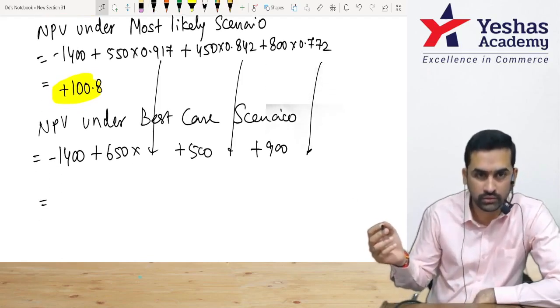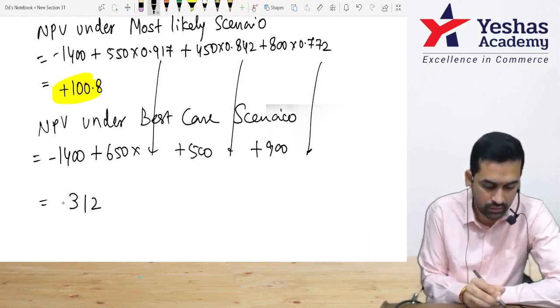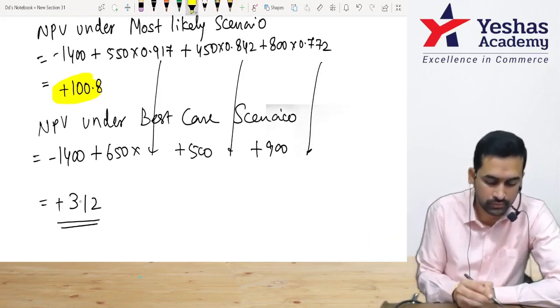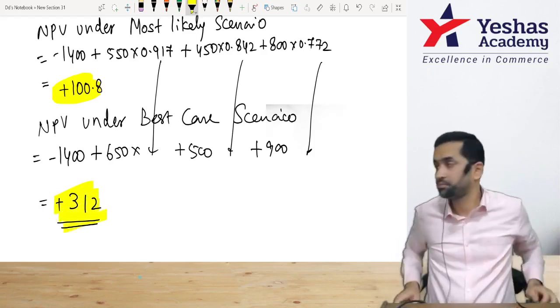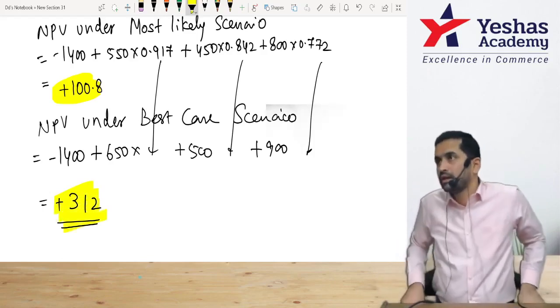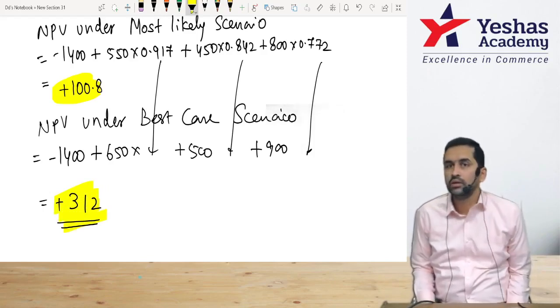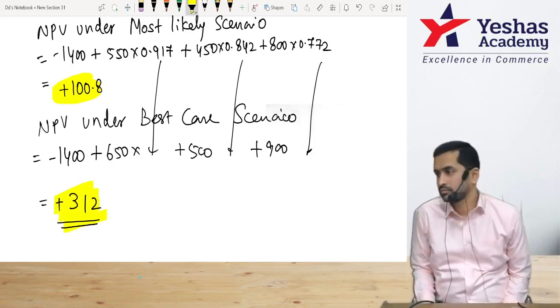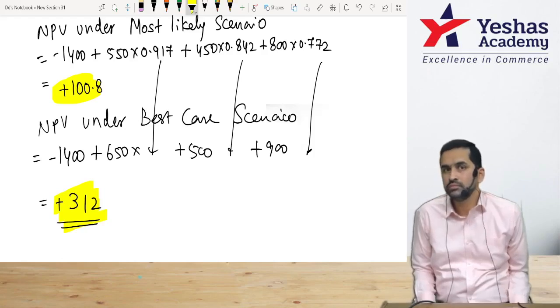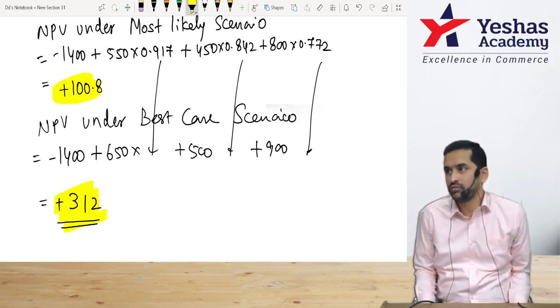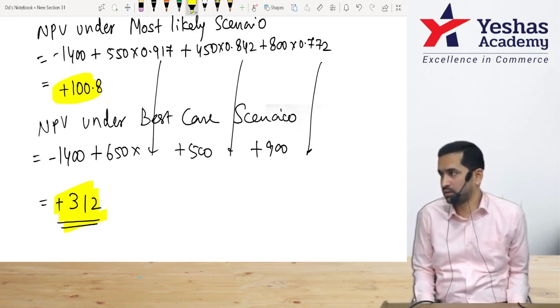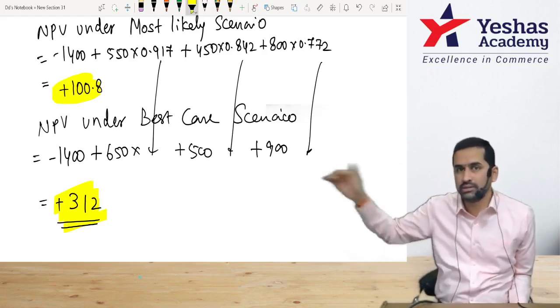You have final answer 312 positive. Understand, when we are writing numbers like this, we are assuming that all cash flows have R is equal to positive 1. Otherwise, it can't be best in all 3.